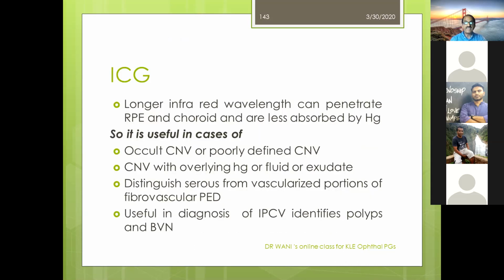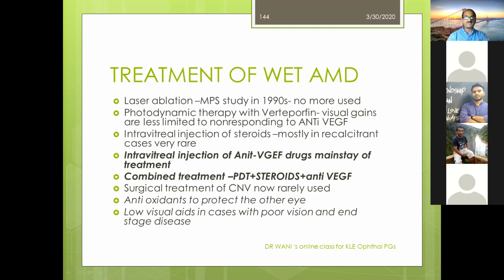Now ICG has some advantages because it uses infrared wavelength, so it penetrates RPE and choroid. So it can be used in occult or poorly defined choroidal membrane, and it can also be done where exudates or hemorrhages are there, and you can distinguish serous from vascularized portions of the fibrovascular PED, and it's also useful in a variety of AMD known as IPCV.